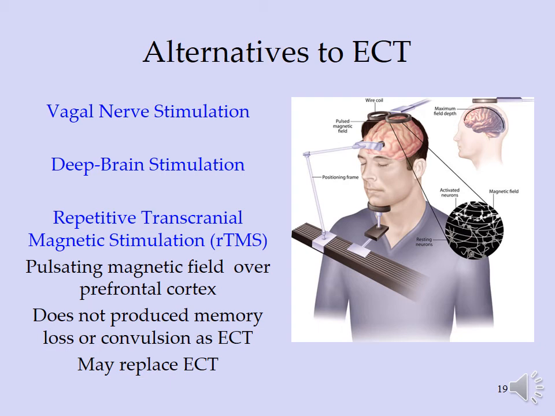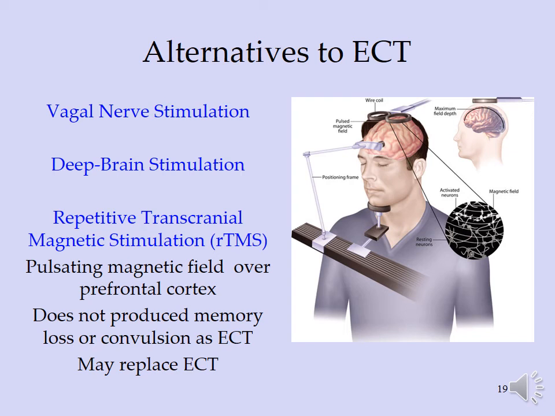One of the brain stimulation treatments that is also being studied right now seems to be very promising. It's called repetitive transcranial magnetic stimulation, rTMS. This is a therapy where a pulsating magnetic field is produced over an area of the prefrontal cortex of the brain.